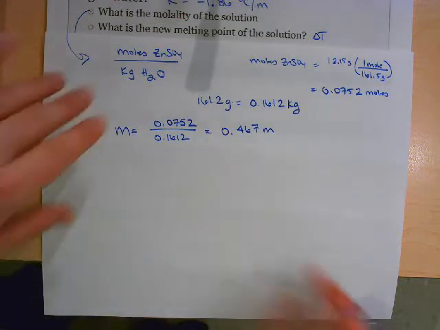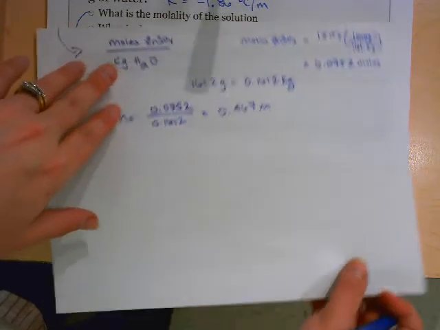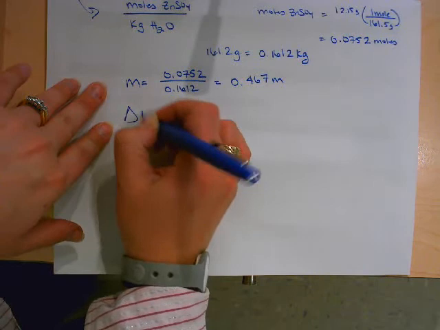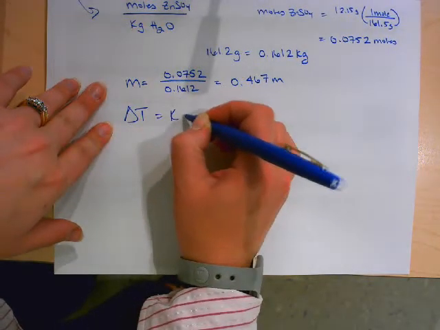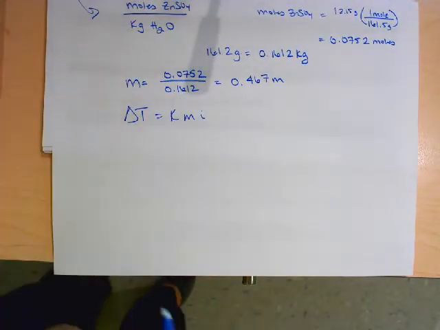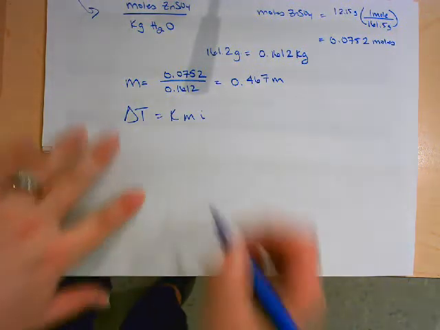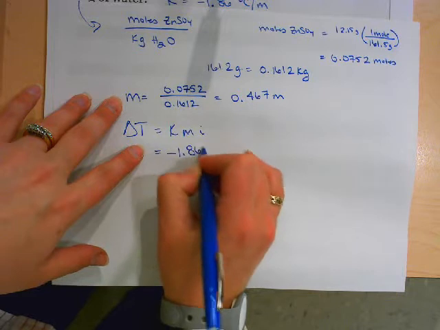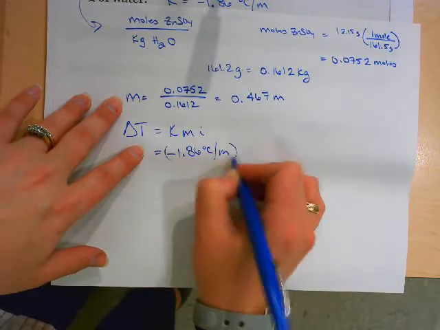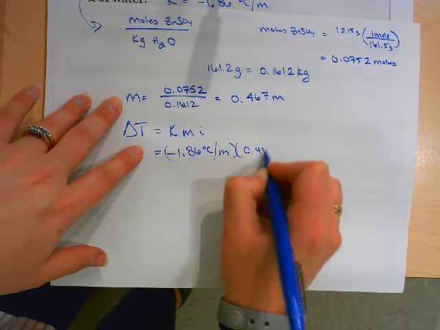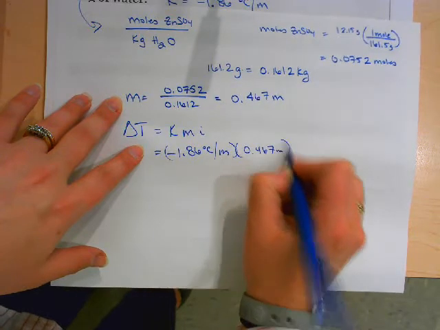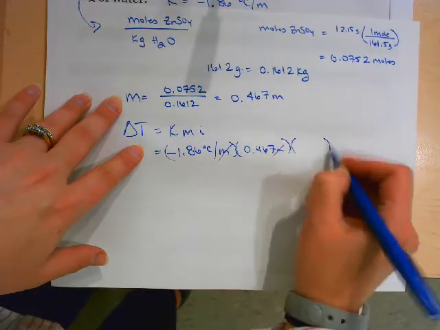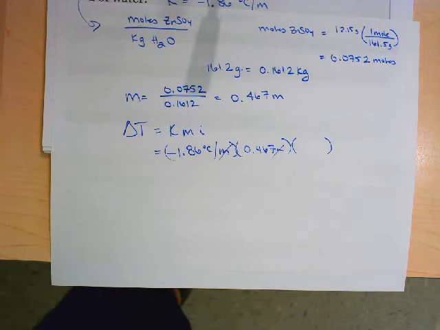Alright, so now we have everything we need in order to plug into our new equation, right? Delta T equals K, m, and i. Alright, so I'm looking for delta T. I gave you the K. We just found m. i.